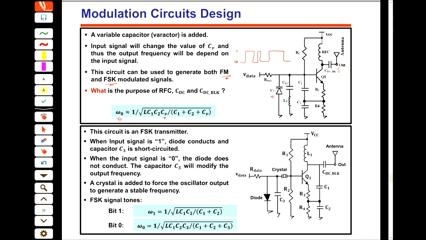Only the voltage level affects the capacitance, not the frequency of the data, however long the symbol is. Yes. Actually, this could be a problem, because if the voltage that you are generating, this V data, is not saturated... If this data is saturated at the top and bottom, then everything is fine.